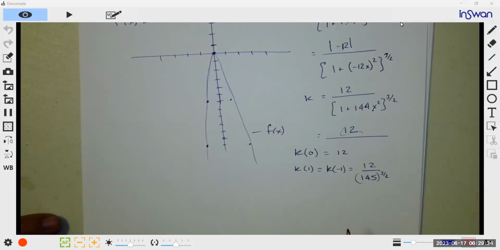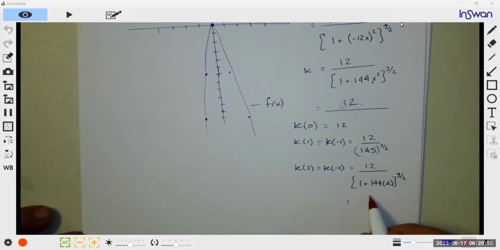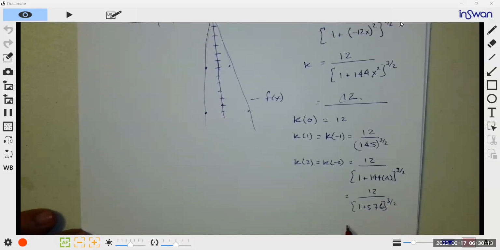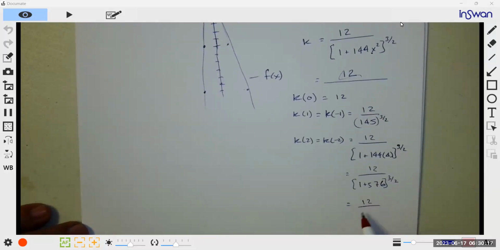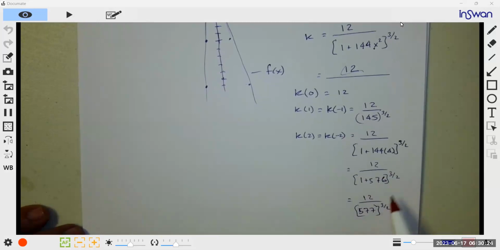That's going to be very small. One plus 144 times 4. So the bottom is going to be big.